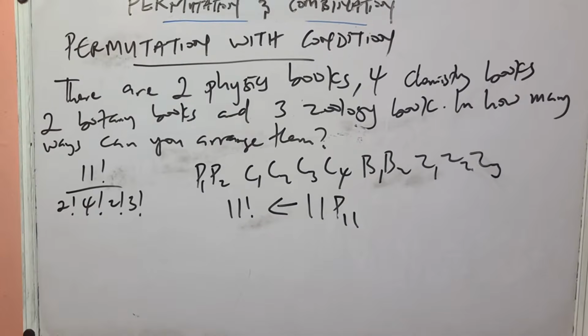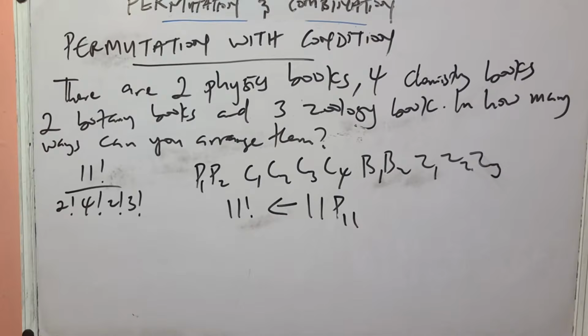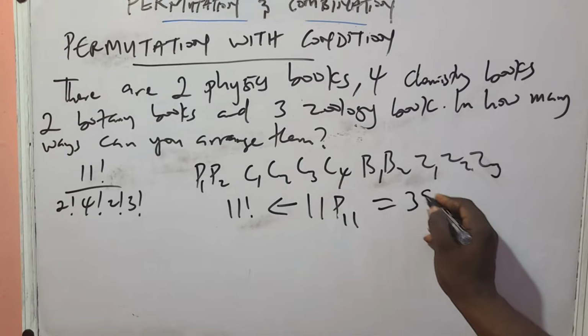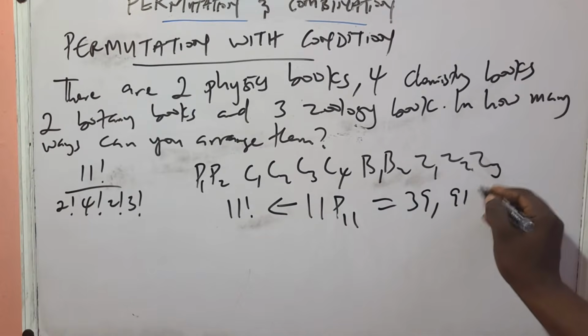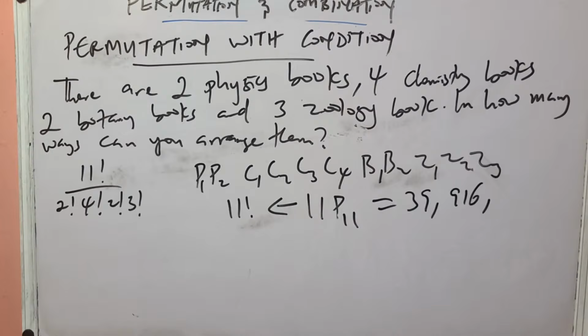How did you get 69,300? Can anybody tell me? So all of you missed it. Nobody got it, except some few. Okay, some people got it. 39,916,800.